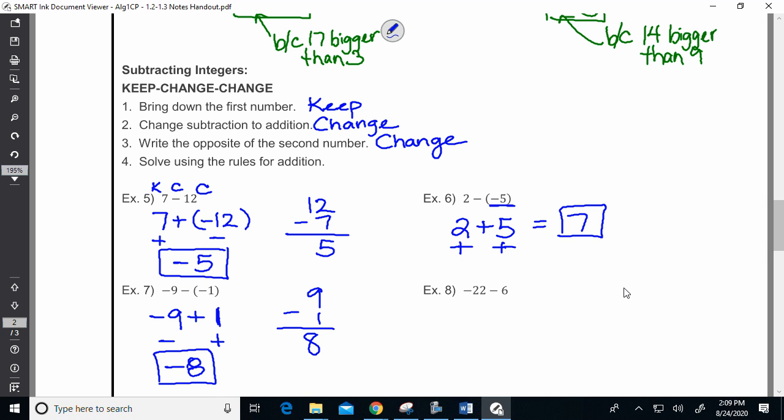And then last one, before we do multiplying and dividing, -22 minus 6, keep the first number, change subtraction to addition, and then the 6 becomes -6. This time you'll see that both numbers are negative, so that will give you -28.